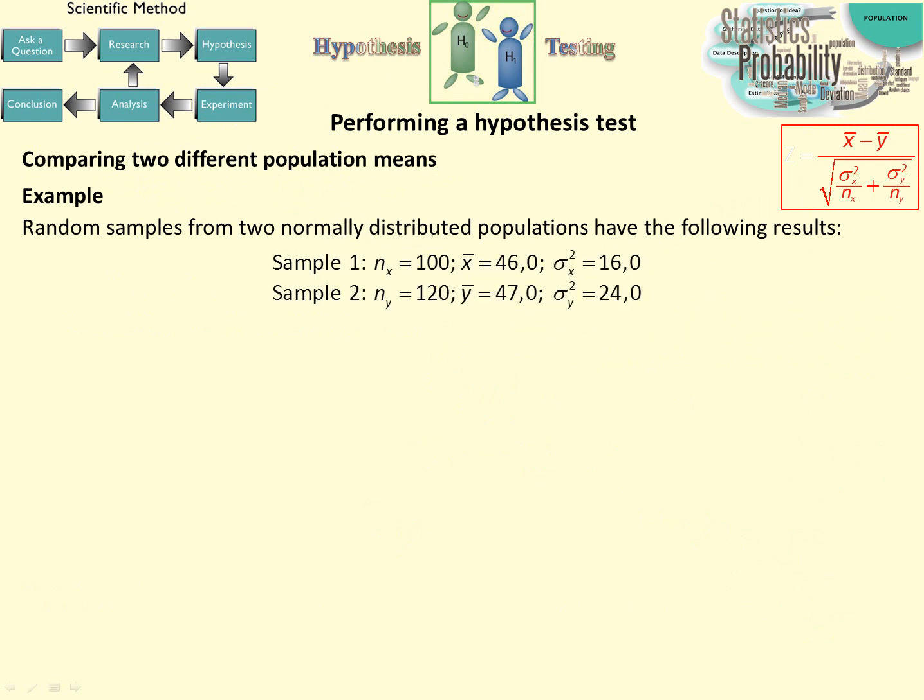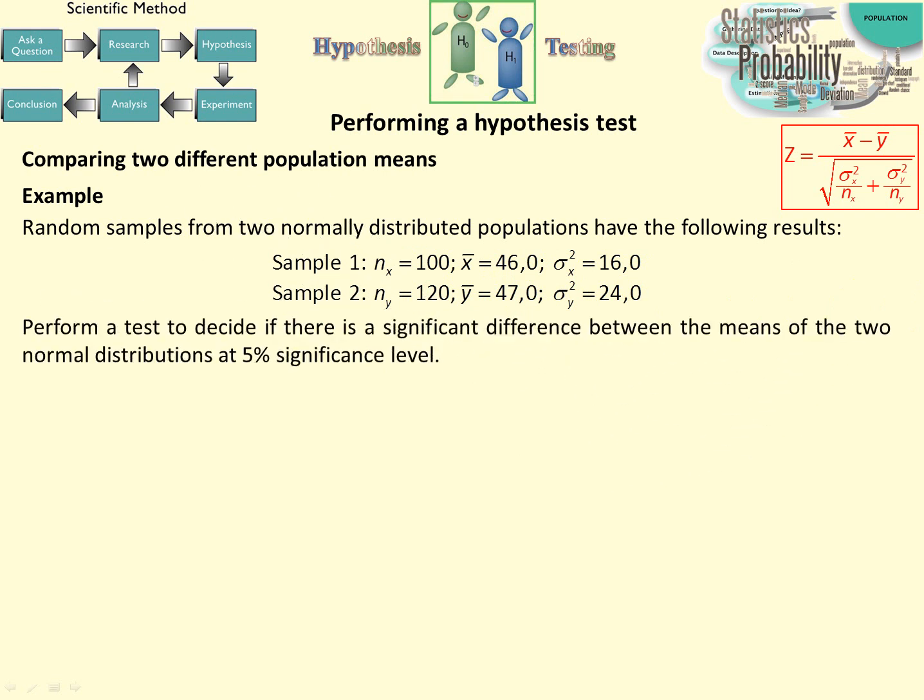So, let's have a look at this, comparing. Random samples from two normally distributed populations have the following results. Nx, the mean, the variance, ny, the mean, the variance.